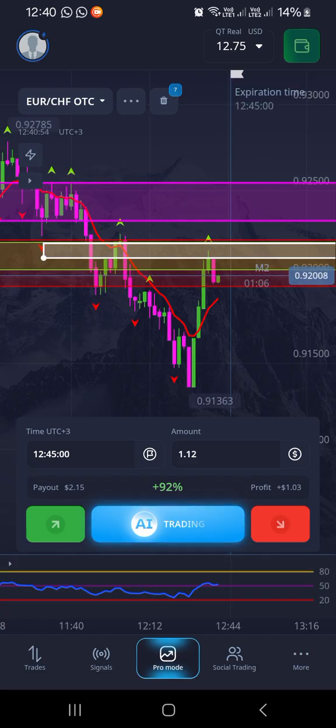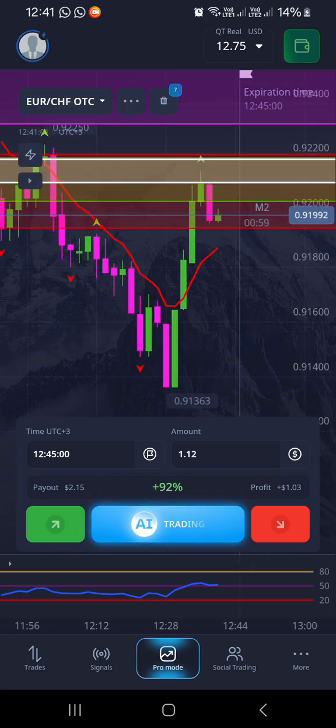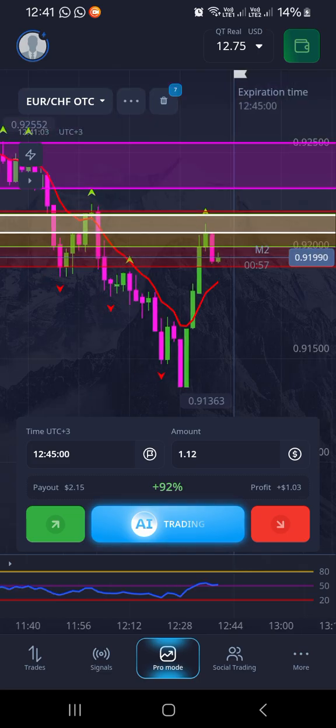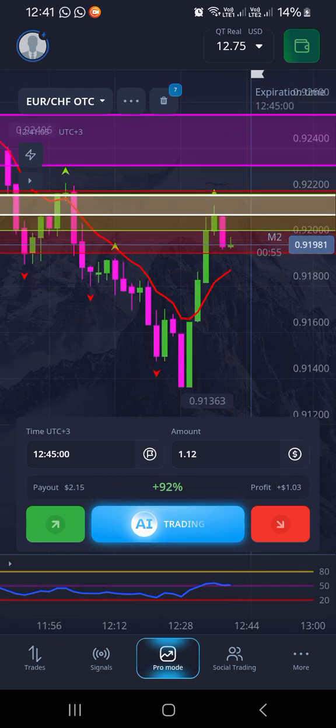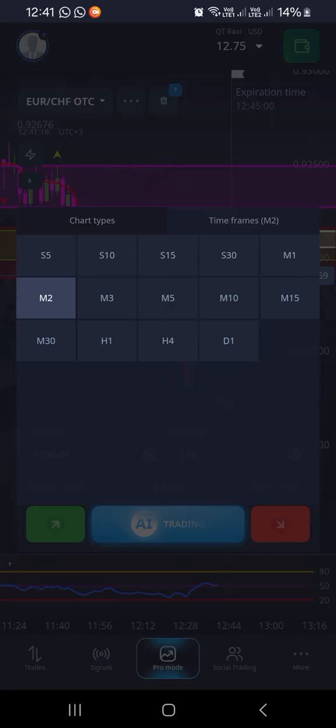So in 2 minutes, there's an inversed fair value gap. It already worked, guys. So I think we've missed the opportunity there. So in 2 minutes, there's a very fantastic inversed fair value gap here. We already missed the trade, guys. Peace out.